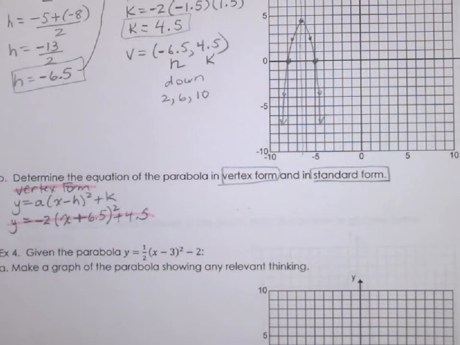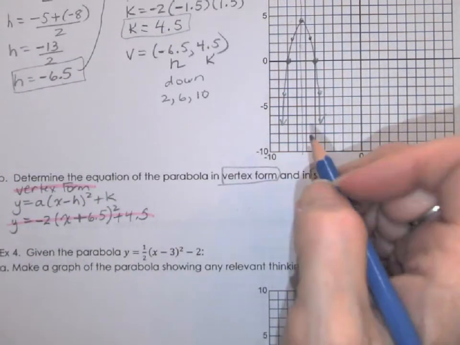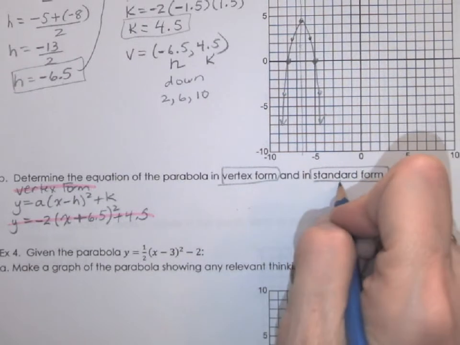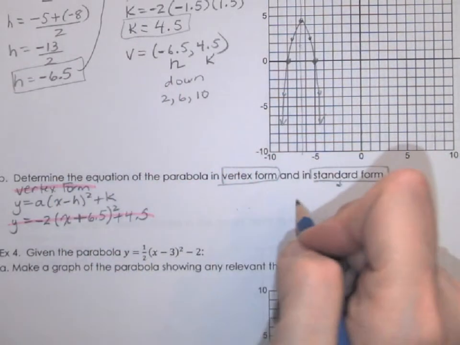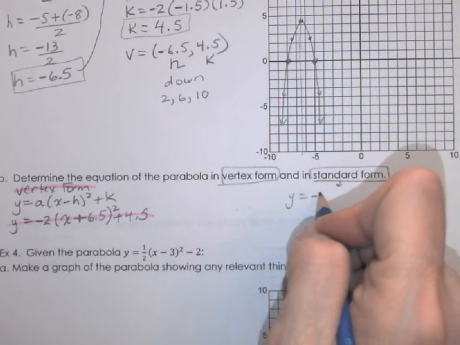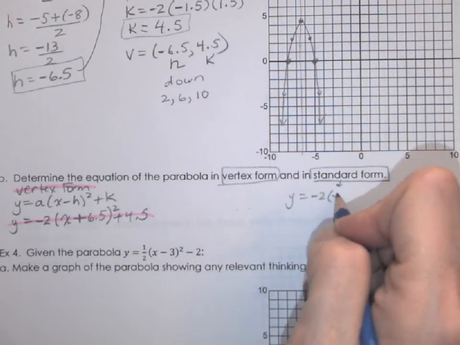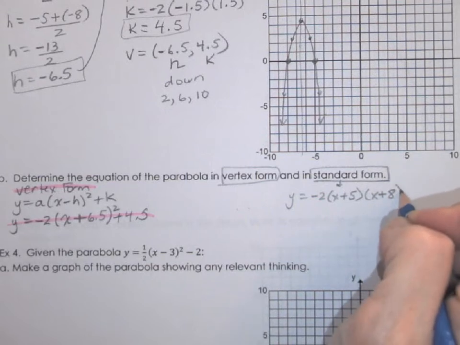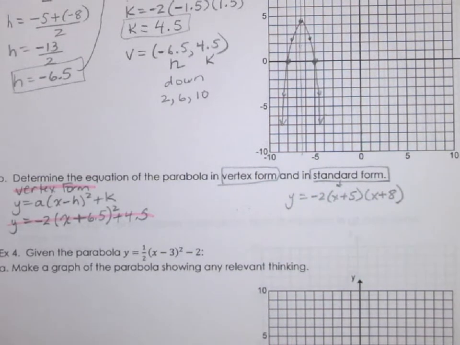Okay. To get standard form, I'm going to start off with the intercept form that they gave us. So y equals negative 2 times (x plus 5) times (x plus 8). And then I'm going to expand and simplify, and that will give me the standard form.